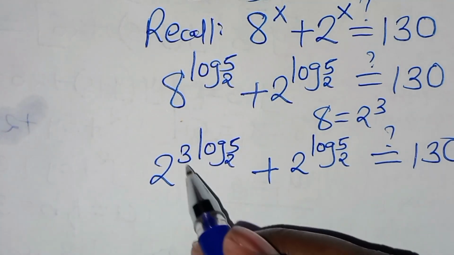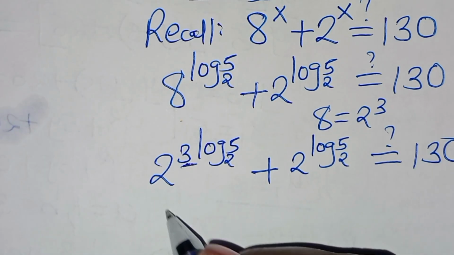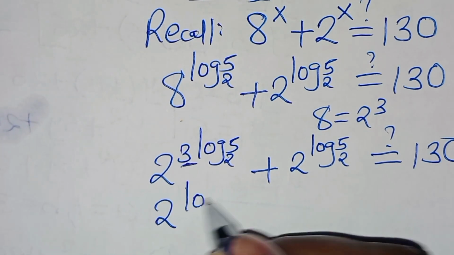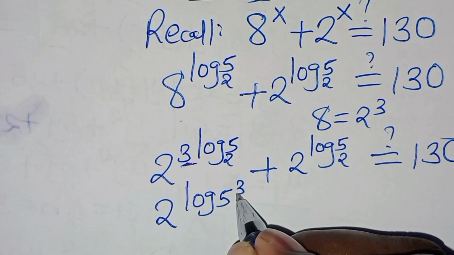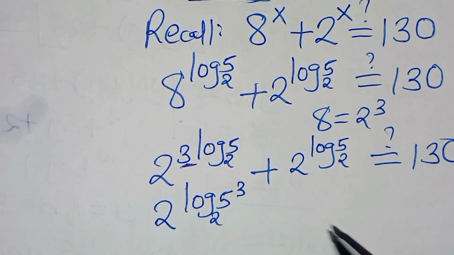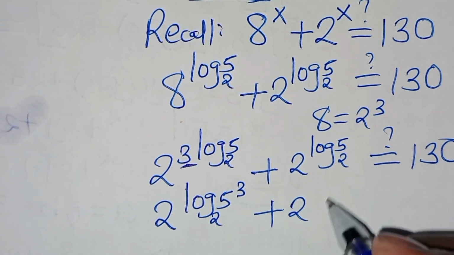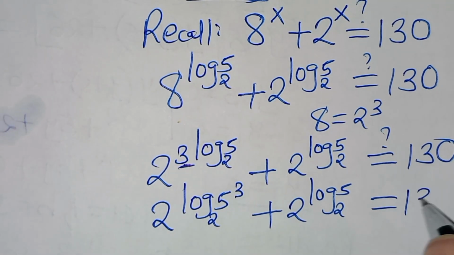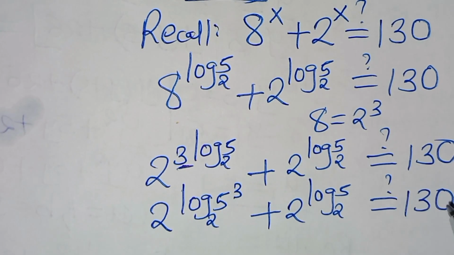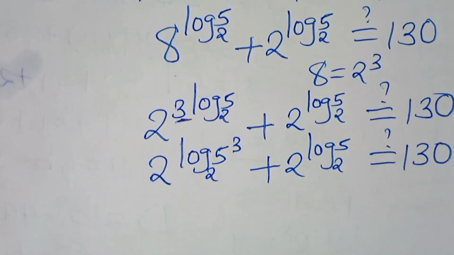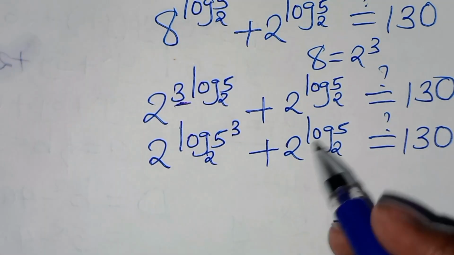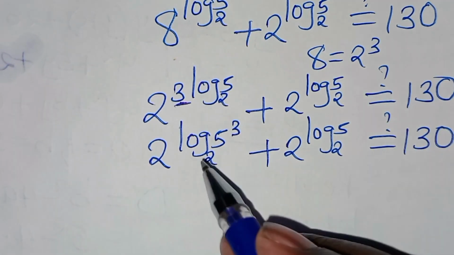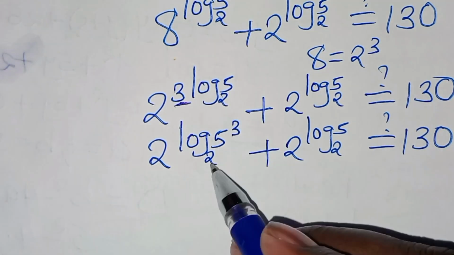Now, 2 to the power 3 here, 3 is a power, so we can express this as 2 to the power log 5 to the power 3 to base 2, then plus 2 to the power log 5 to base 2. This is supposed to give us a value of 130. The next step is that 2 to the power log 5 to base 2 and 2 to the power log 5 to the power 3 to base 2.